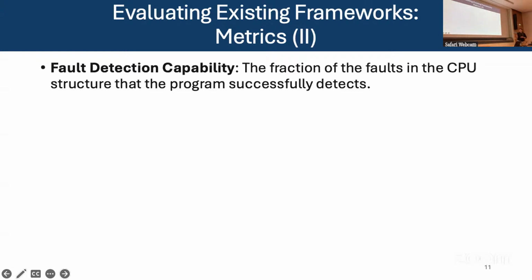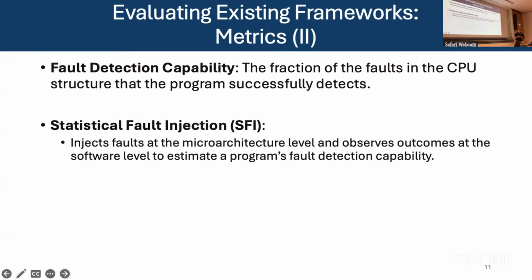The second metric is fault detection capability, which is the fraction of faults detected by the program compared to the total inserted faults. For that, we employ statistical fault injection, which injects faults at the microarchitectural level and observes the outcome at the software level to estimate a program's fault detection capability.